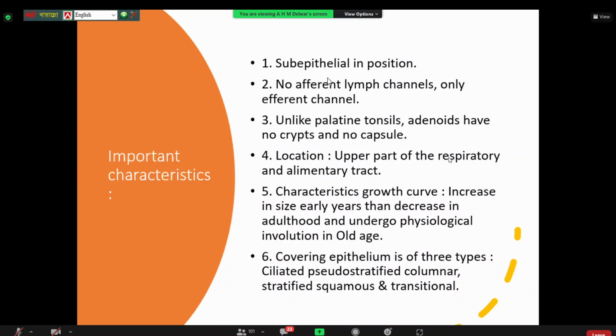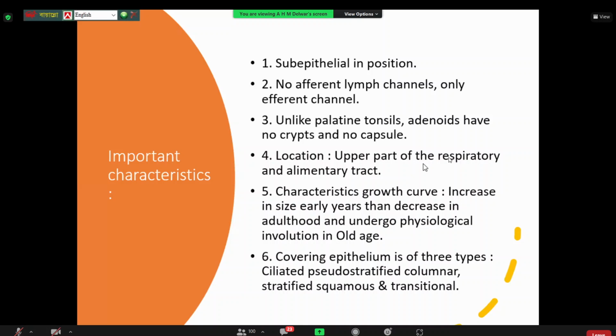Unlike palatine tonsil, adenoids have no crypts and no capsule.